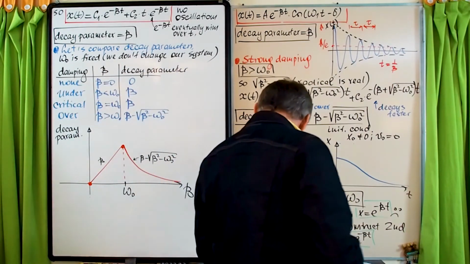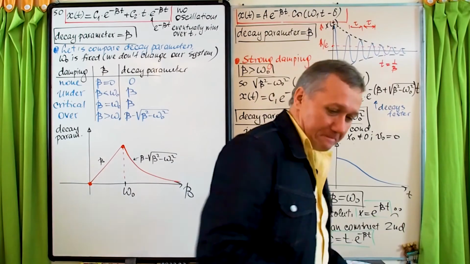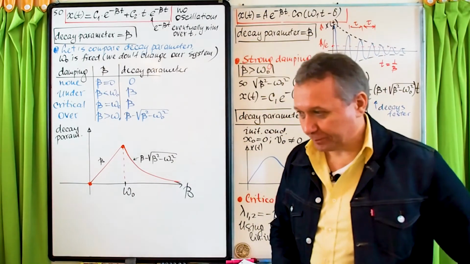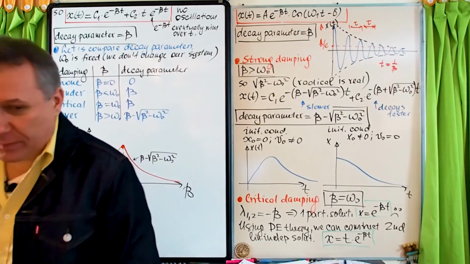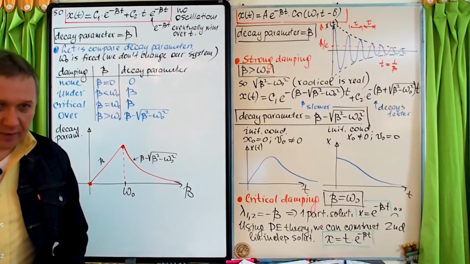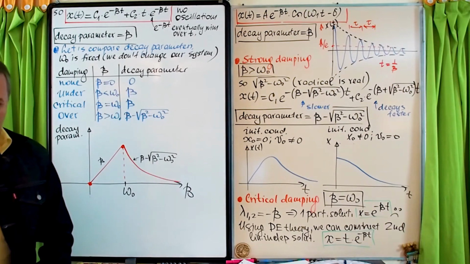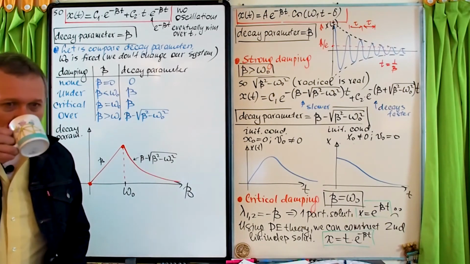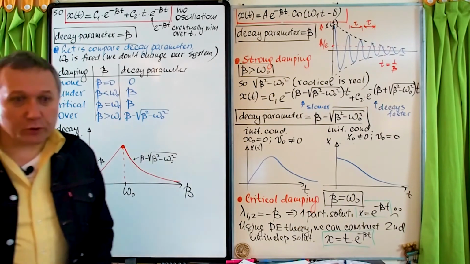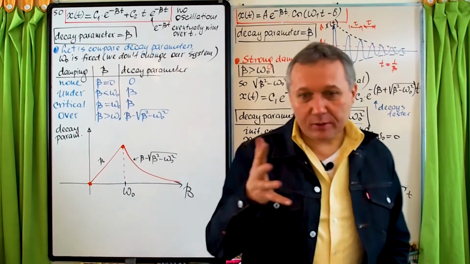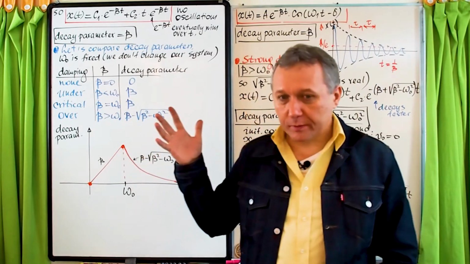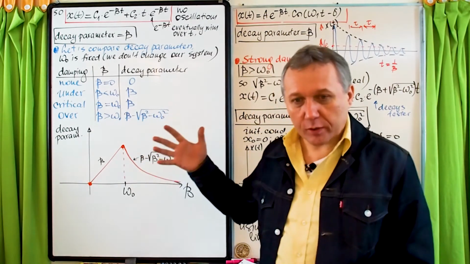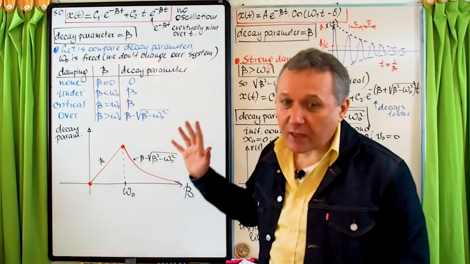So now, what can we get out of this? Of course, sometimes decaying is bad, so you want to have a system oscillating. But there are some applications where you want to remove the energy of an oscillating system as fast as possible.